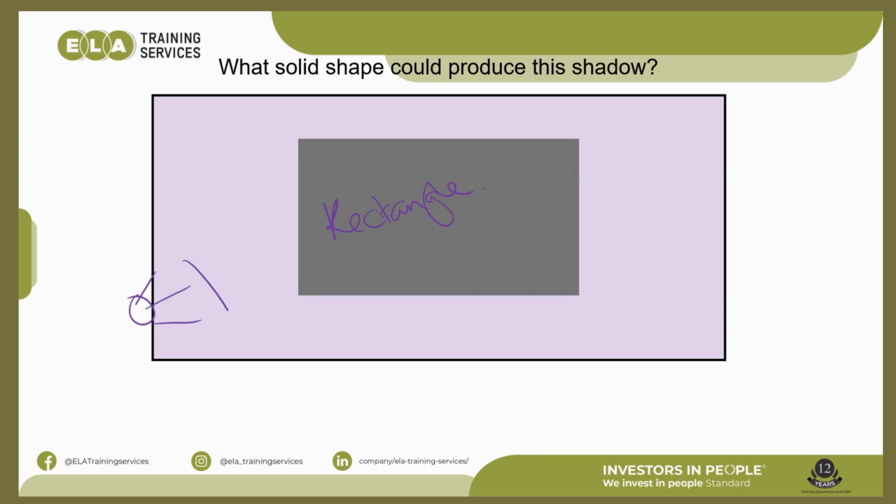Now the obvious thought is that it would be a cuboid, making this rectangular shape. But it could also be a rectangular shaped pyramid. You'll have to excuse my poor drawings.